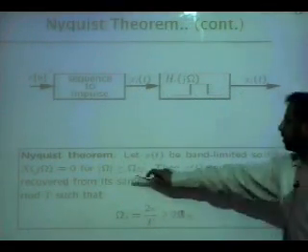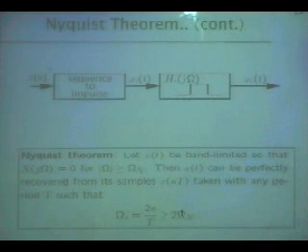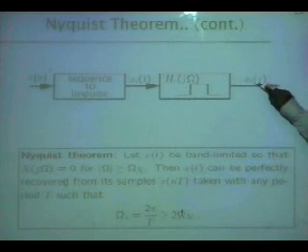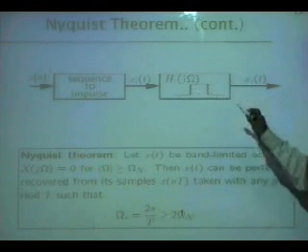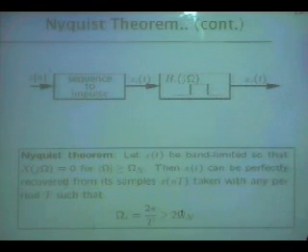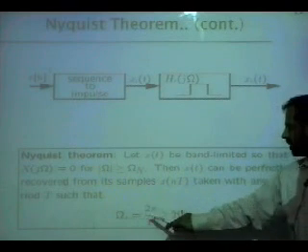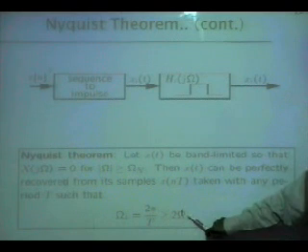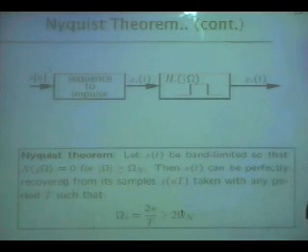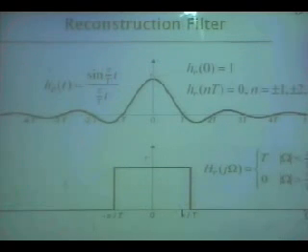And also please remember the Nyquist sampling theorem, which says that you can reconstruct a signal exactly as what you sampled if you obey this criteria, which says that your sampling frequency must be greater than or equal to twice the highest frequency content in the signal. Only then you can reconstruct exactly. Okay? And still we need to see how you reconstruct exactly.